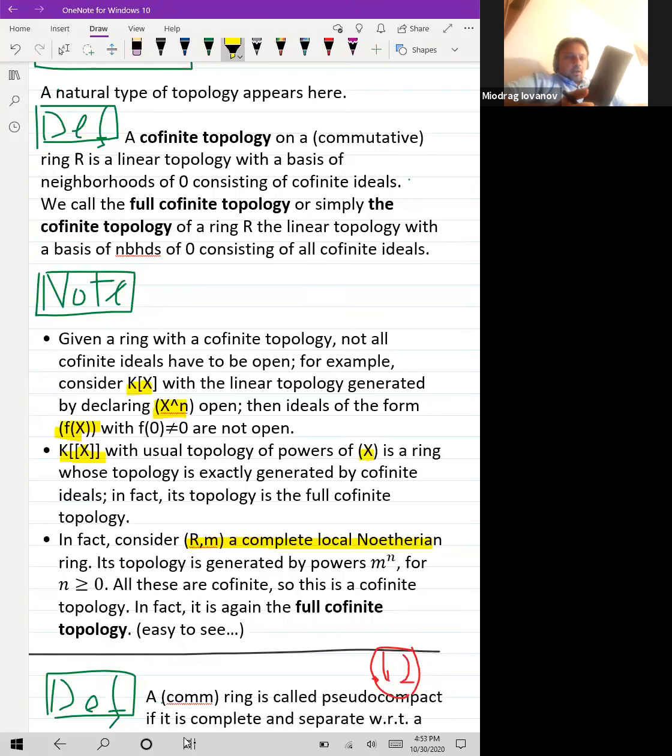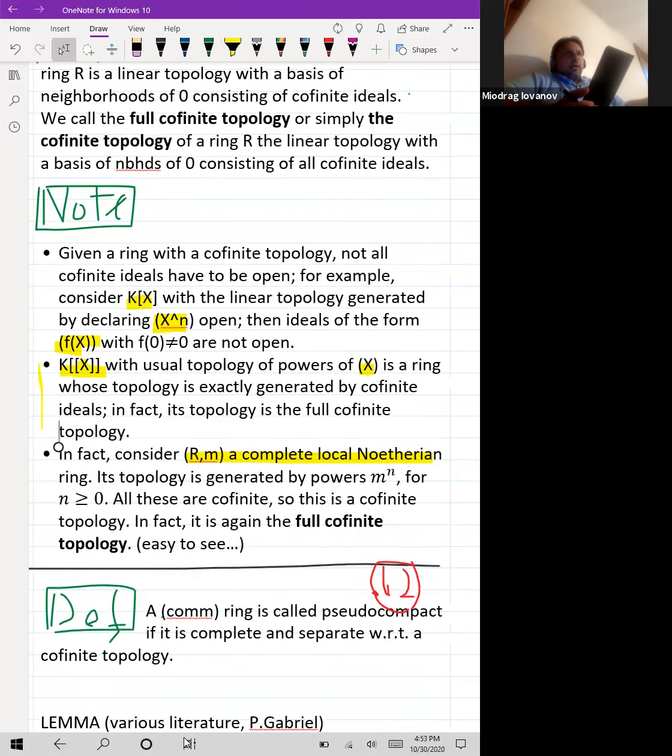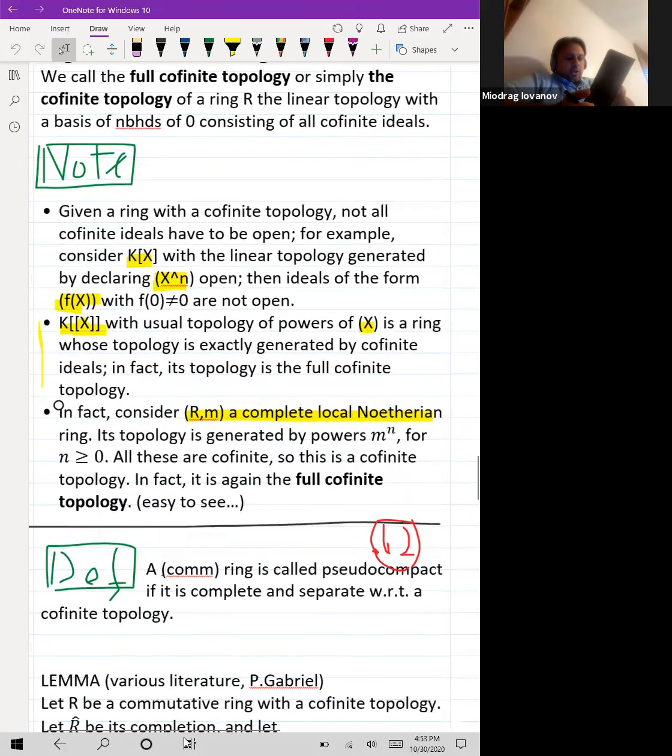So no difference. So this cofinite topology does actually show up in many examples that we see, and also this k of x here. So it's a natural thing to use to perhaps replace it in case you don't have a local ring or something that's a little bit more general.